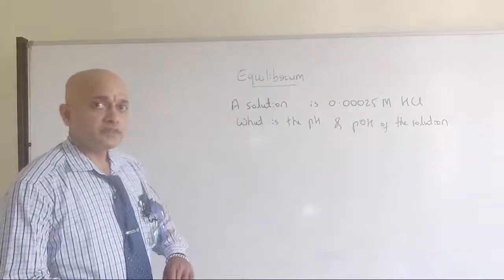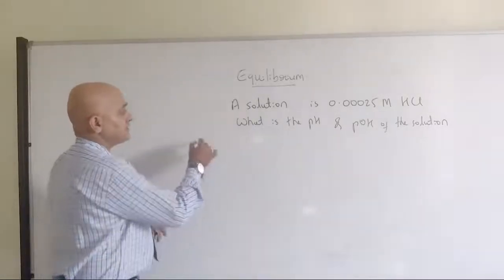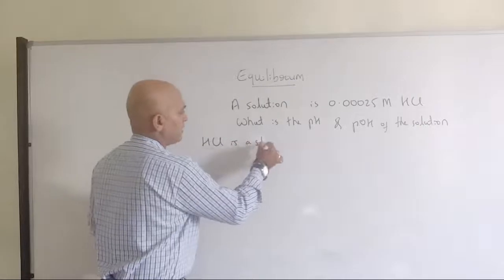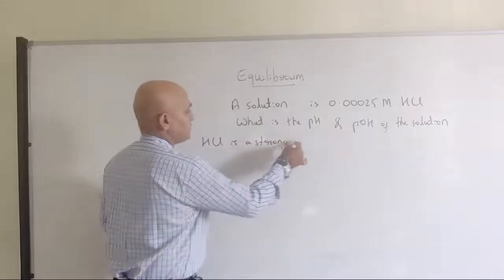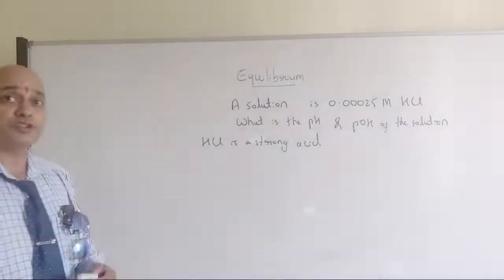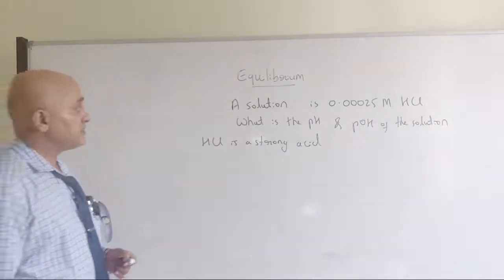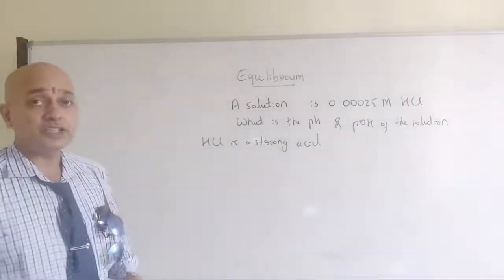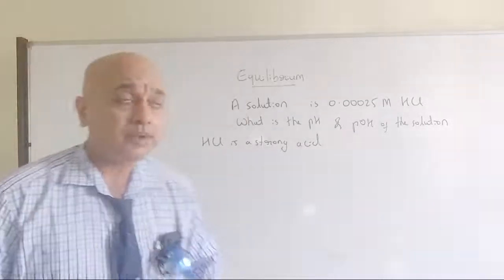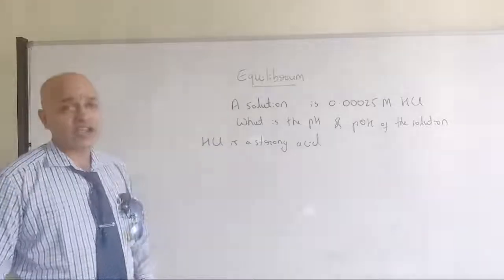Okay. So what we have to do is, HCl is a strong acid, all of us we know. Compared to HBr it is slightly weak, but still it is also a strong acid.